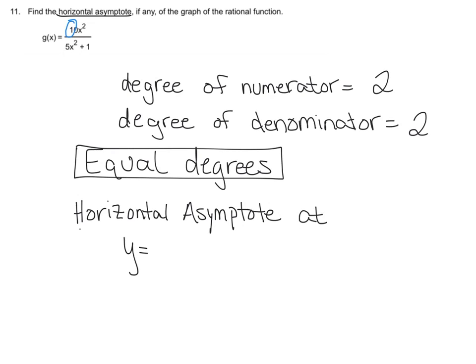So that would be 10. And we're dividing that by the leading coefficient of the denominator, which is 5. And 10 divided by 5 is 2. So there is a horizontal asymptote at y equals 2.